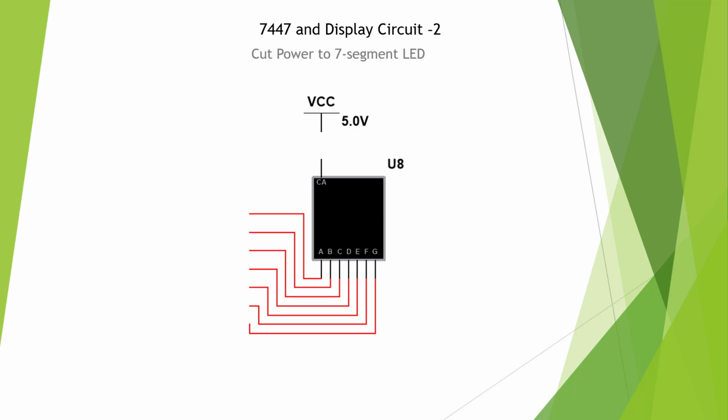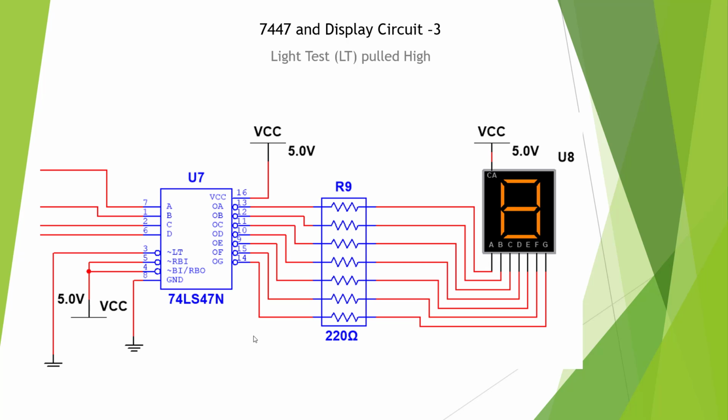Here's another typical way to see a blank screen on our 7-segment LED, and that's by cutting the power.